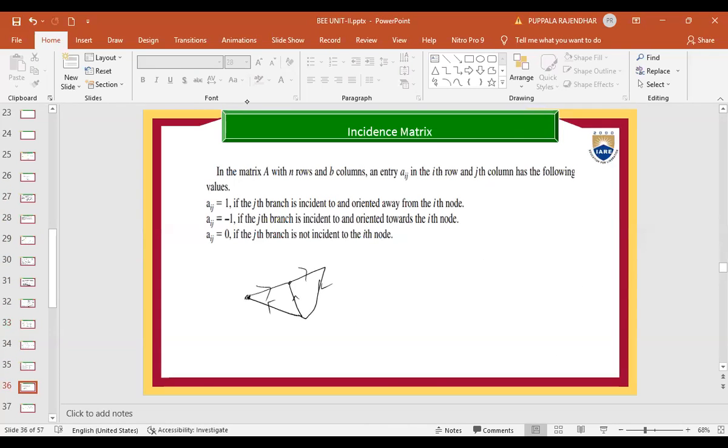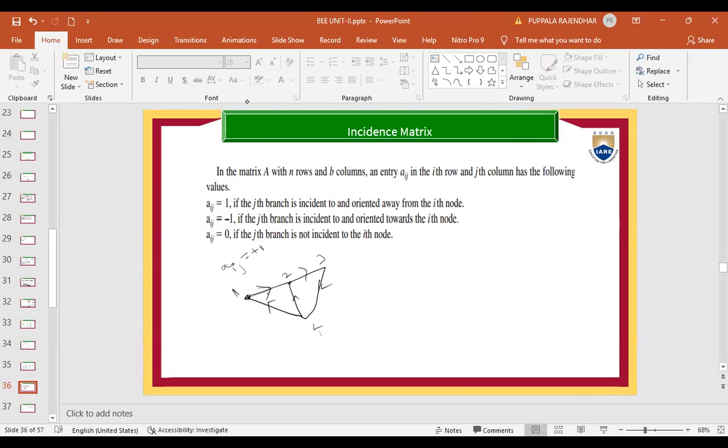Here, the nodes are node 1, node 2, 3, and 4. If any element is directed away from the node, then we take the entry as +1. That is the node to branch relation, the ith node to the jth branch.